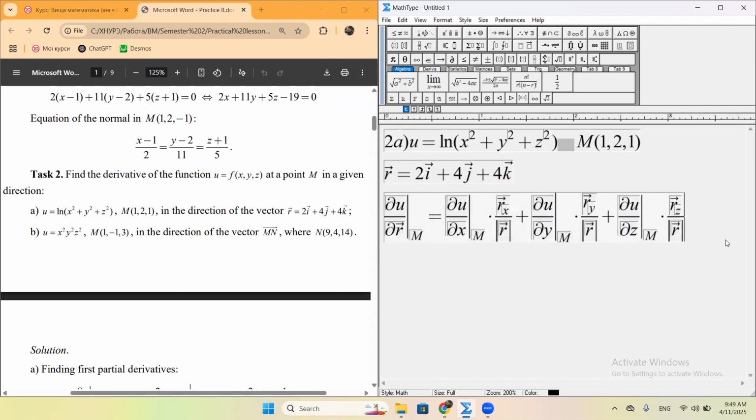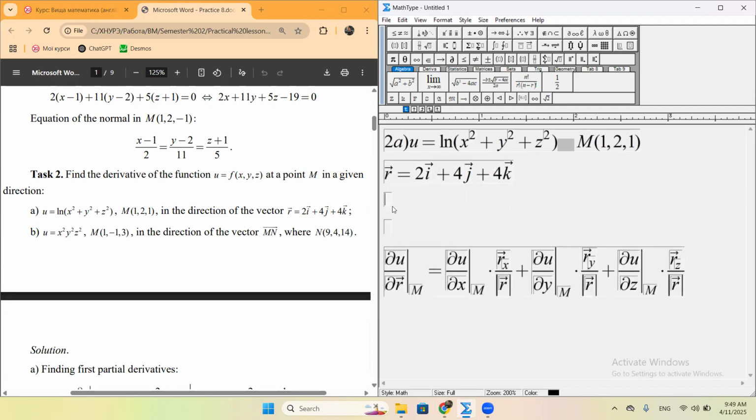So we will have such values. So it is the scalar number. So let's calculate first of all the derivatives.